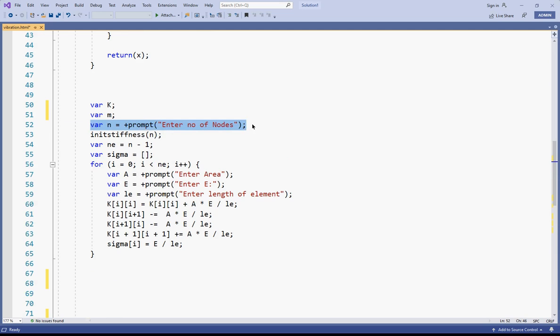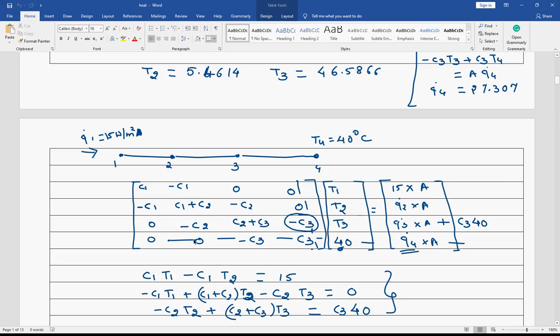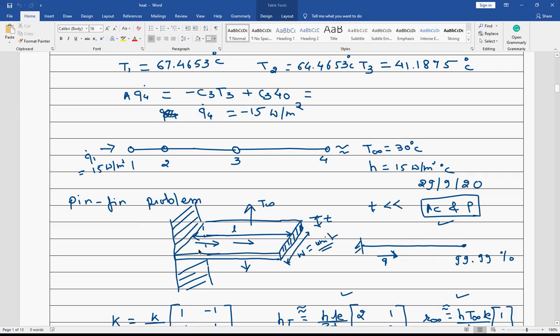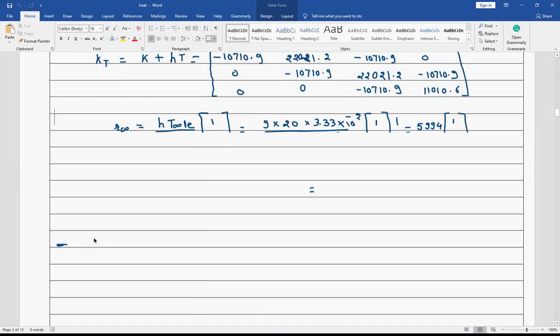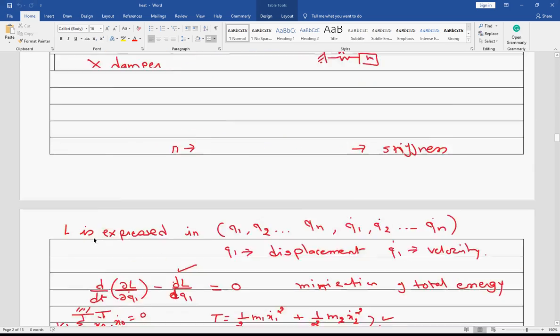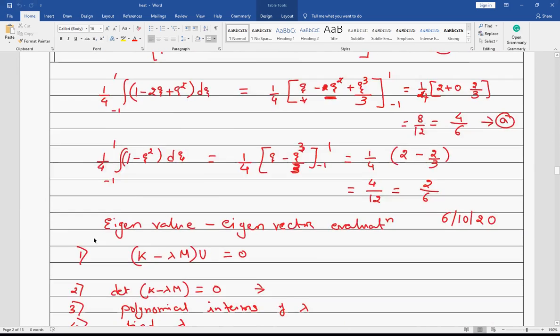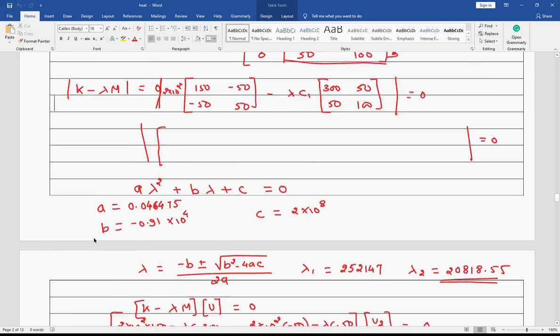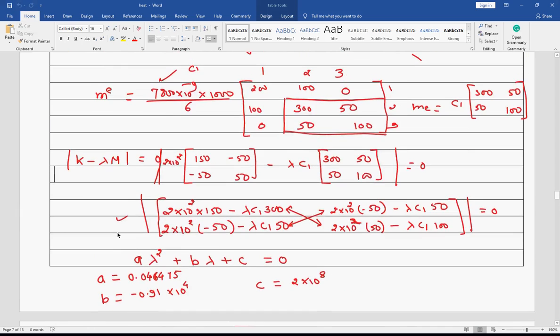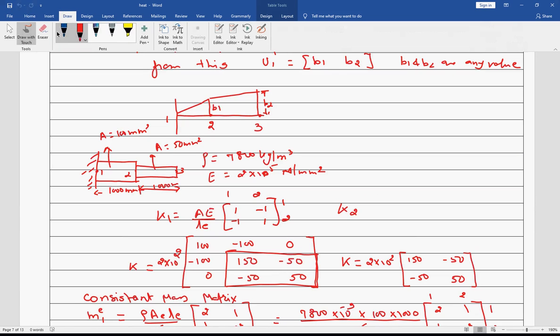Okay, so this is what we are trying to prompt: enter the number of nodes. We are not going to make a generalized program, we are going to solve it for only 3 nodes. So this is the problem we are going to take and solve.